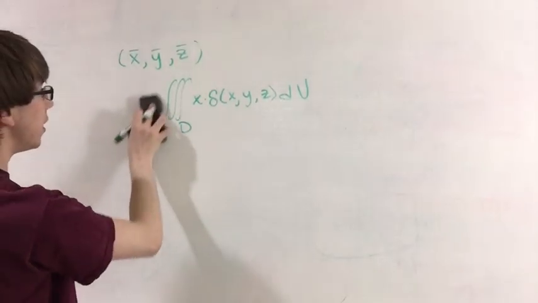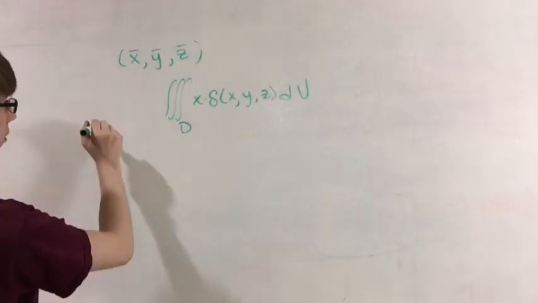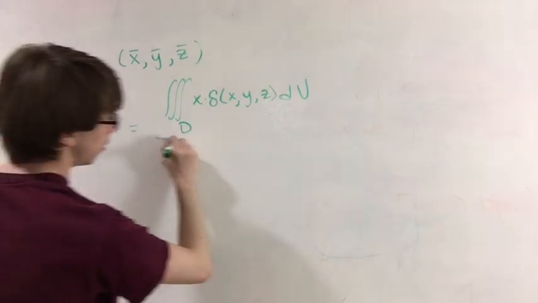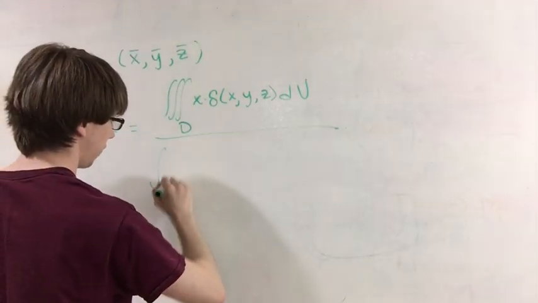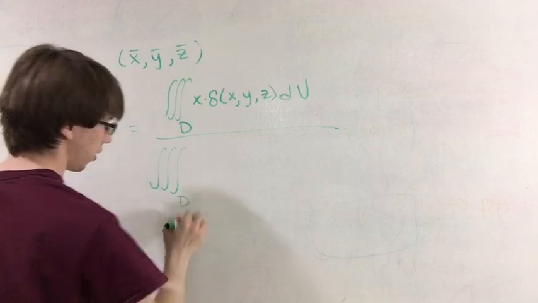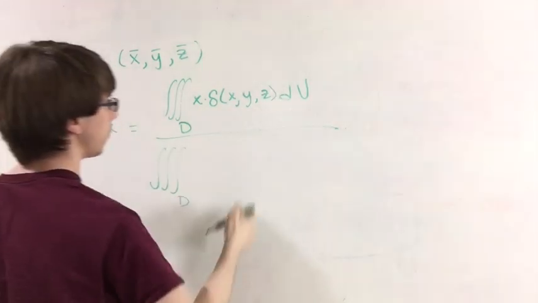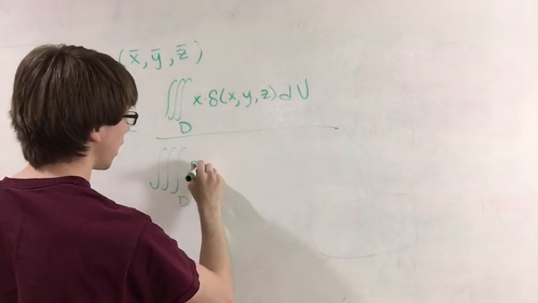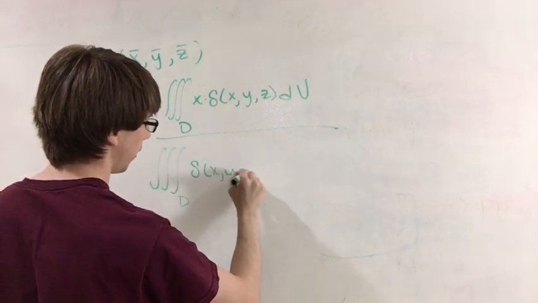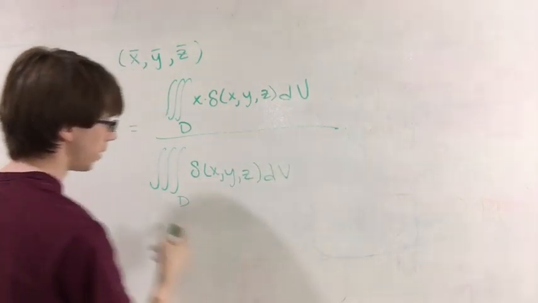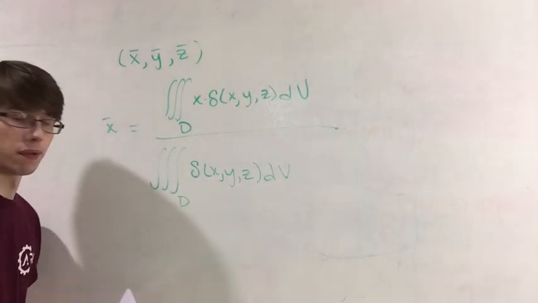Well, it would be easier if I just show it in integral form. That is going to be your volume of the region with respect to D, which is why we have dV. And then take away the x, and it's just the density of x, y, z, dV. Because this is the volume of the region, right?